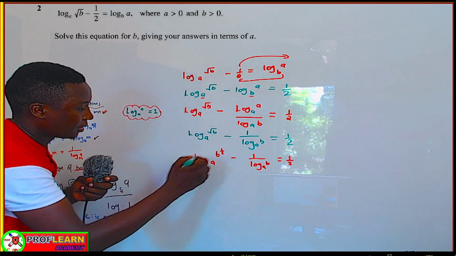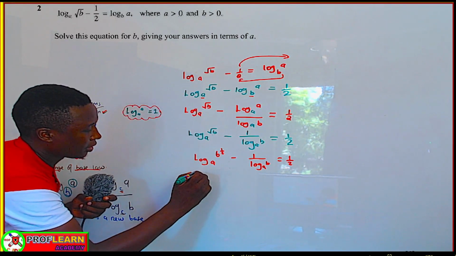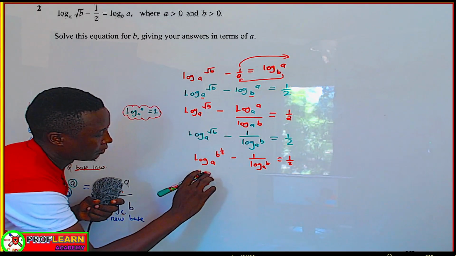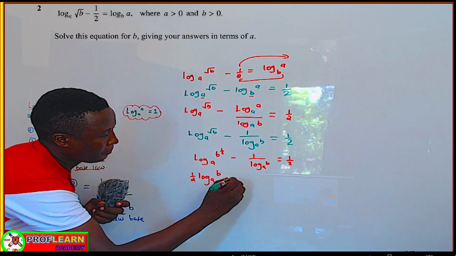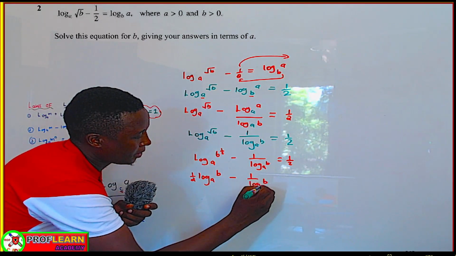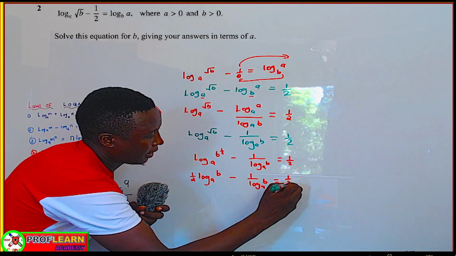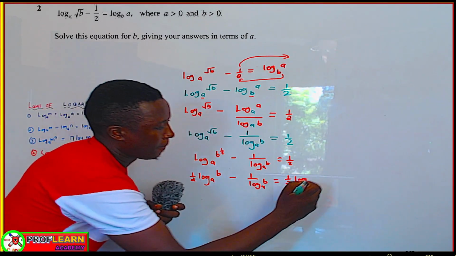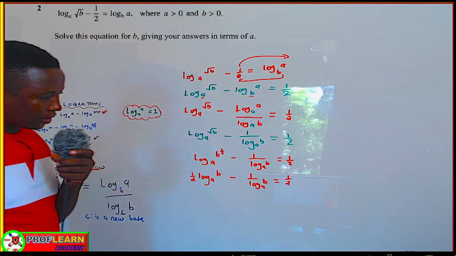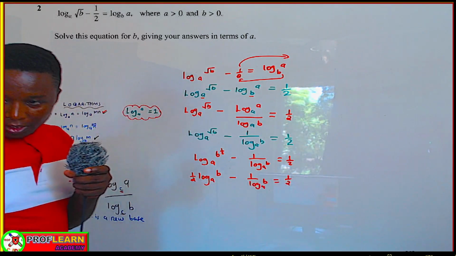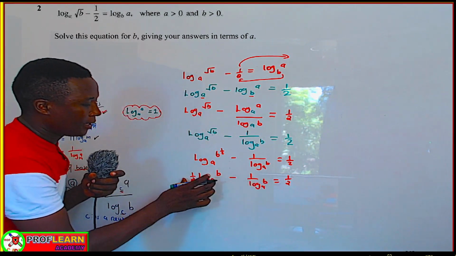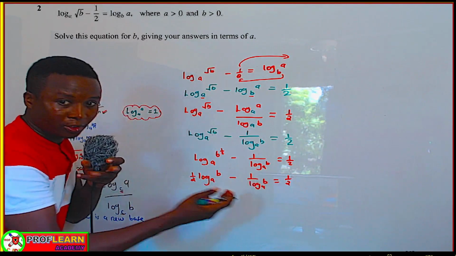We can take this number behind the log, and then we shall have a half log b base a minus 1 over log b base a equals a half. We can decide to multiply all through by log b base a so that we can get rid of the fraction.